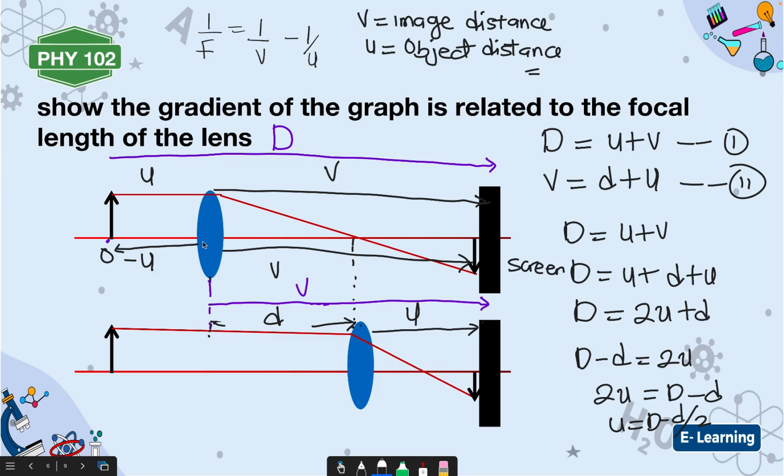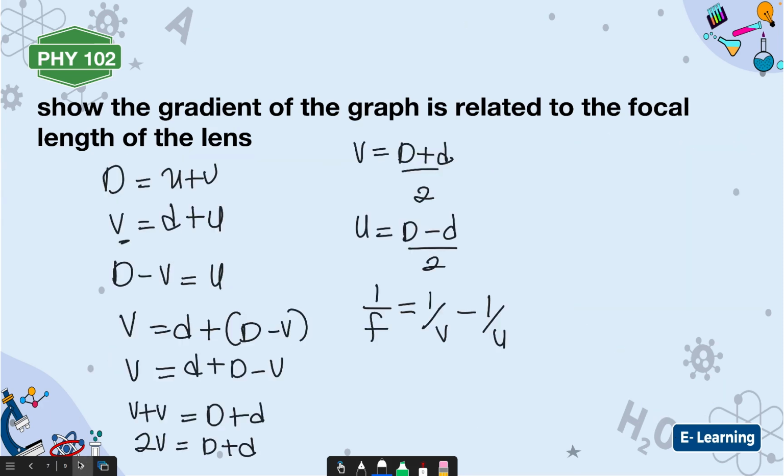Because the distance from the lens to the image is in this direction. So we can say that this formula will also be 1 over f is 1 over v minus bracket 1 over minus u. In place of this u, we can put minus u. This one cancel this one and it will give us positive value. So 1 over f is 1 over v plus 1 over u.